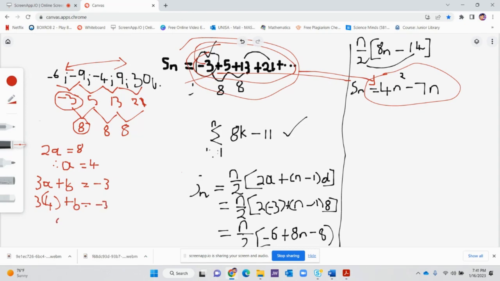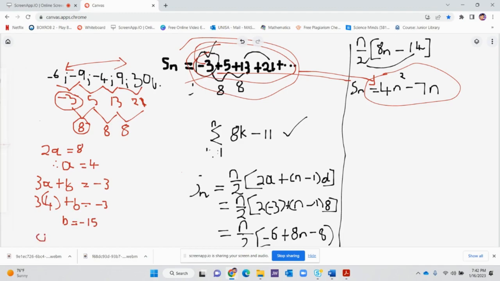So b will be equal to minus 3 minus 12, which is minus 15.